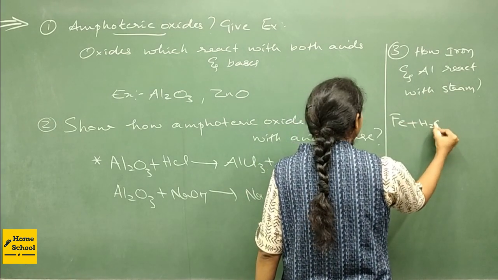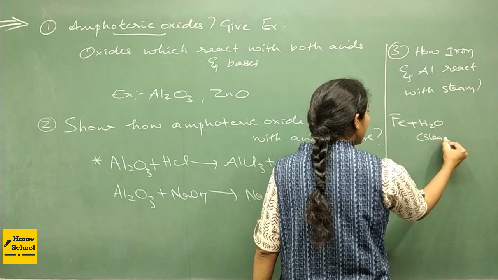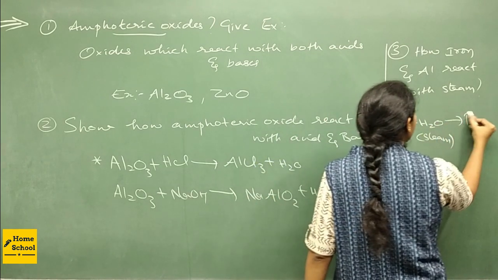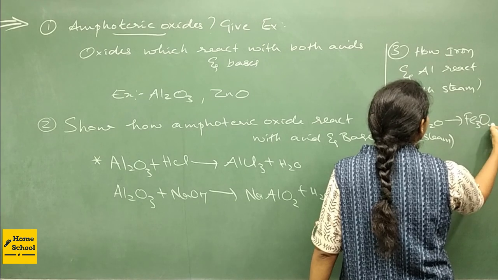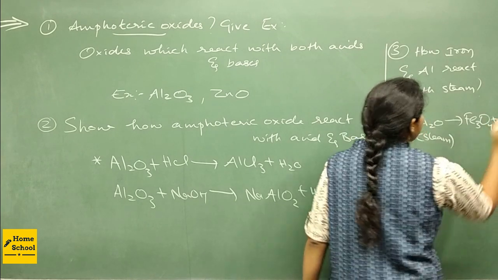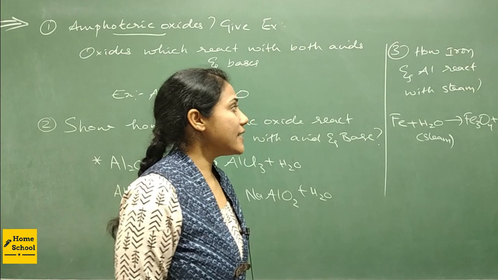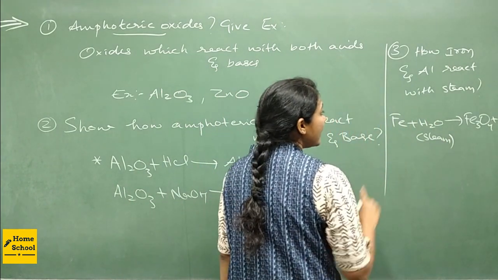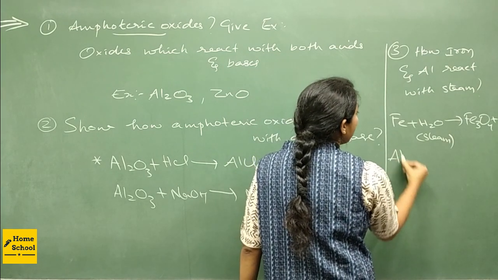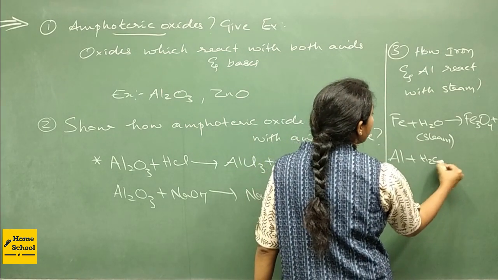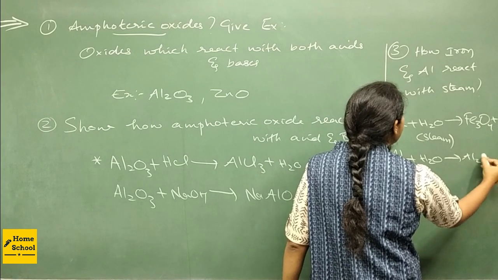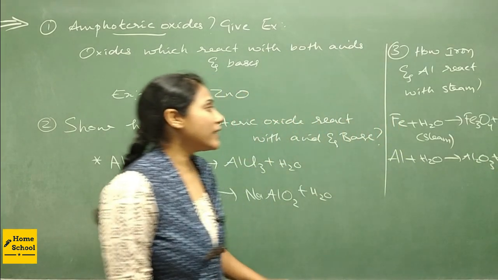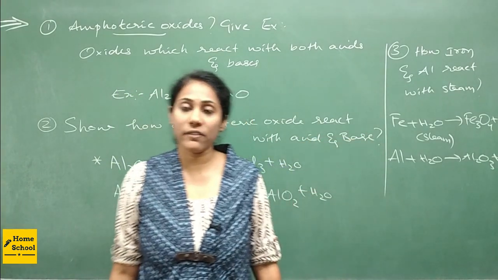Steam means what? It is nothing but water, but in vapor form. On reacting with steam, you will get Fe3O4 plus H2 gas. This is the reaction of iron with steam. And later, aluminium with steam, you will get Al2O3 plus H2 gas. These two are very, very famous questions.